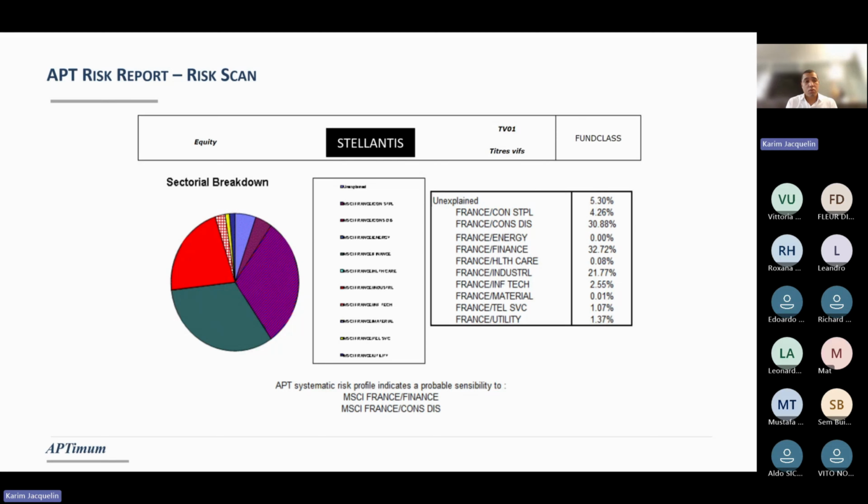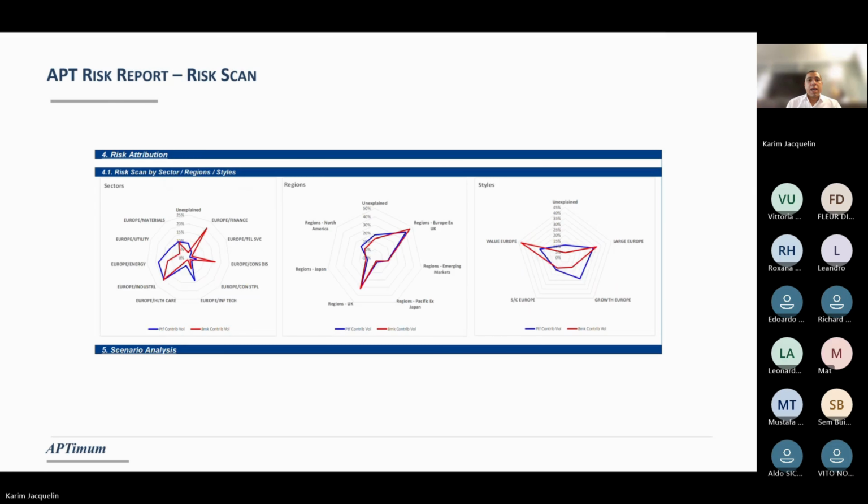And if you take most of the securities, they are sensitive not only to the sector they are classified in, but they are sensitive to other sectors. And we use this factor-based analysis to try to understand the systematic risk of the portfolio in terms of different views.